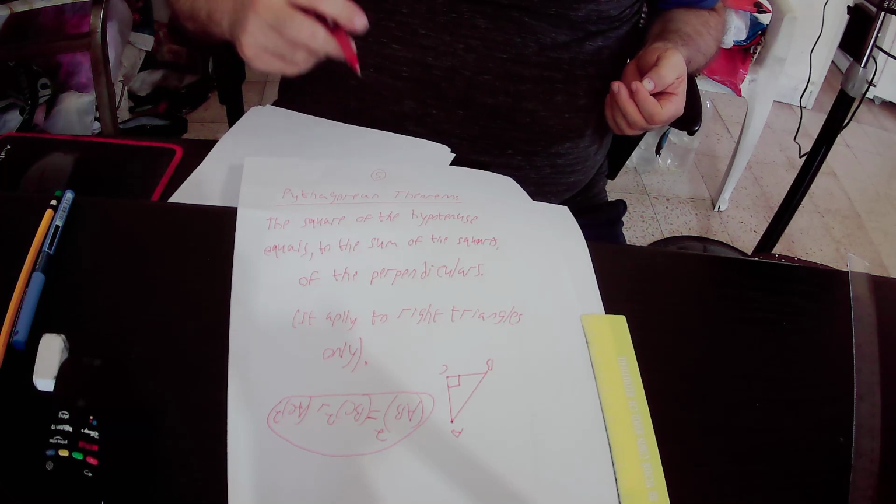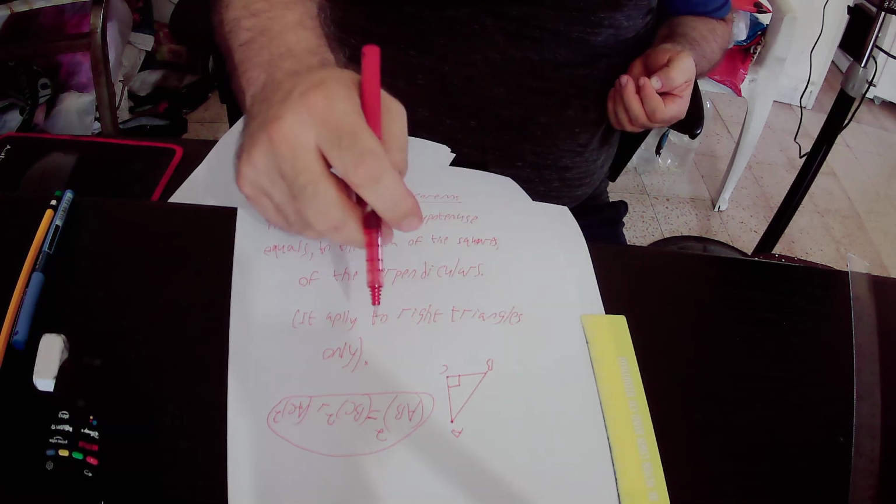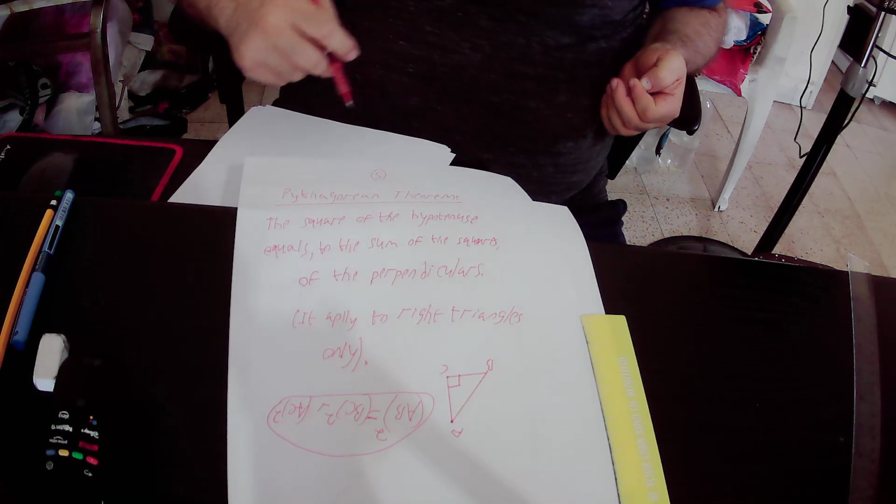That is to say, AB square equals BC square plus AC square. Okay, the square of the hypotenuse, AB square, equals the sum of the squares of the perpendiculars, that is AB square equals BC square plus AC square.